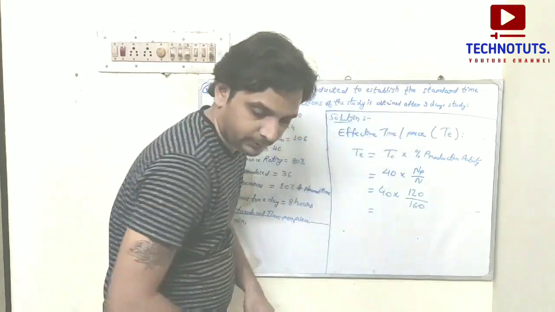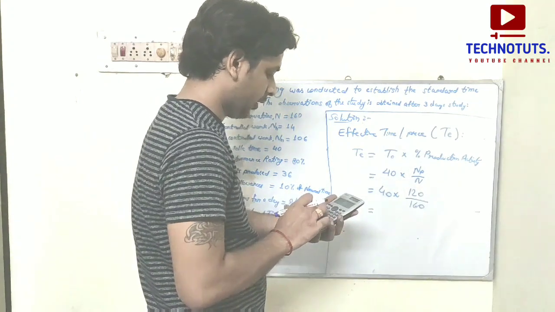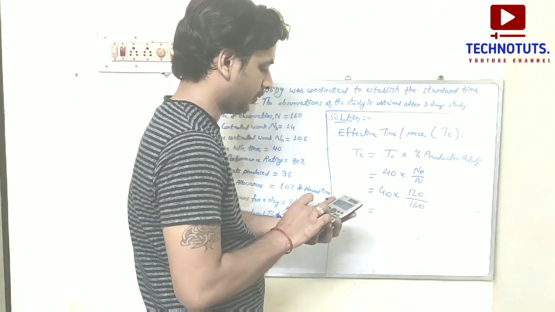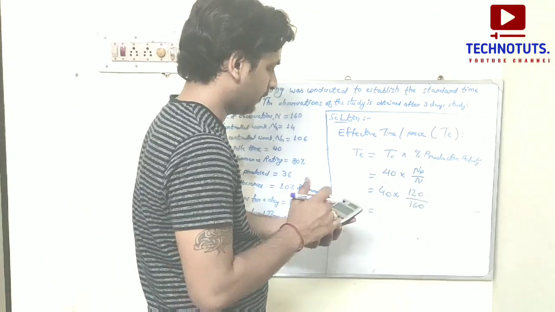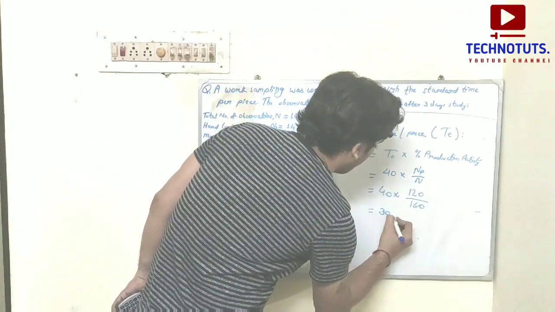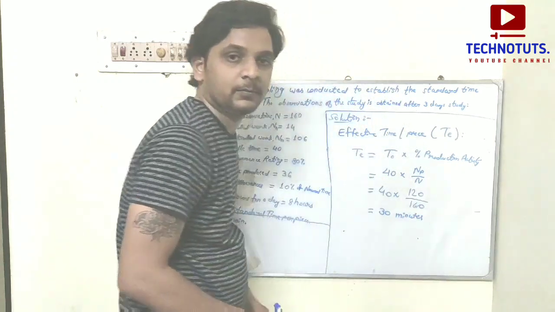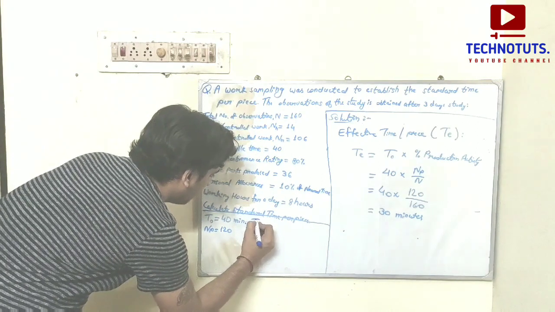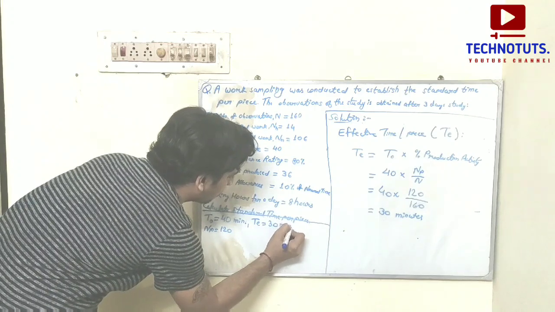What is the value? Let's calculate it. 40 into 120 divided by 160. 30. So here the effective time per piece is obtained as 30 minutes. Okay students, let us note down here. TE is equal to 30 minutes.